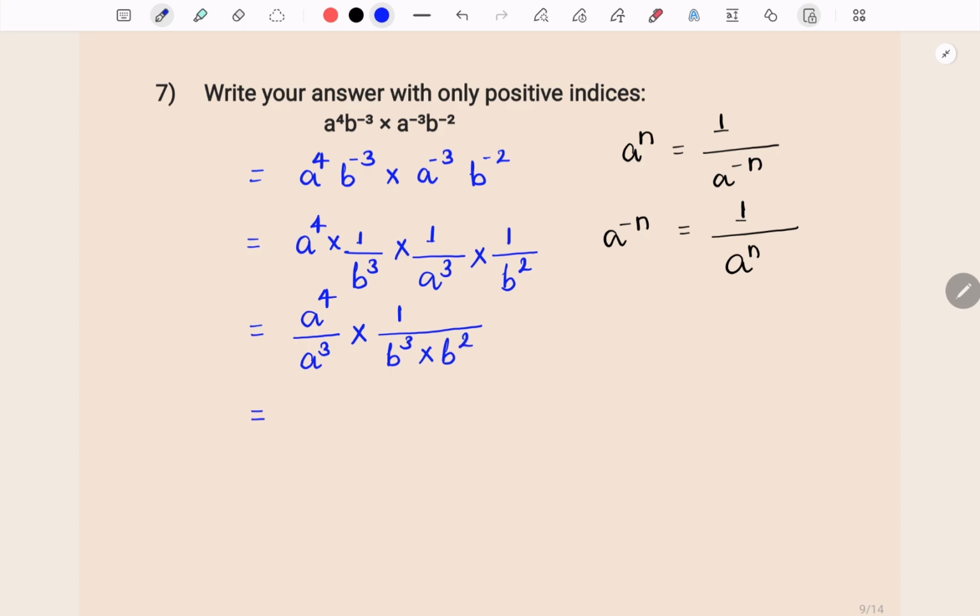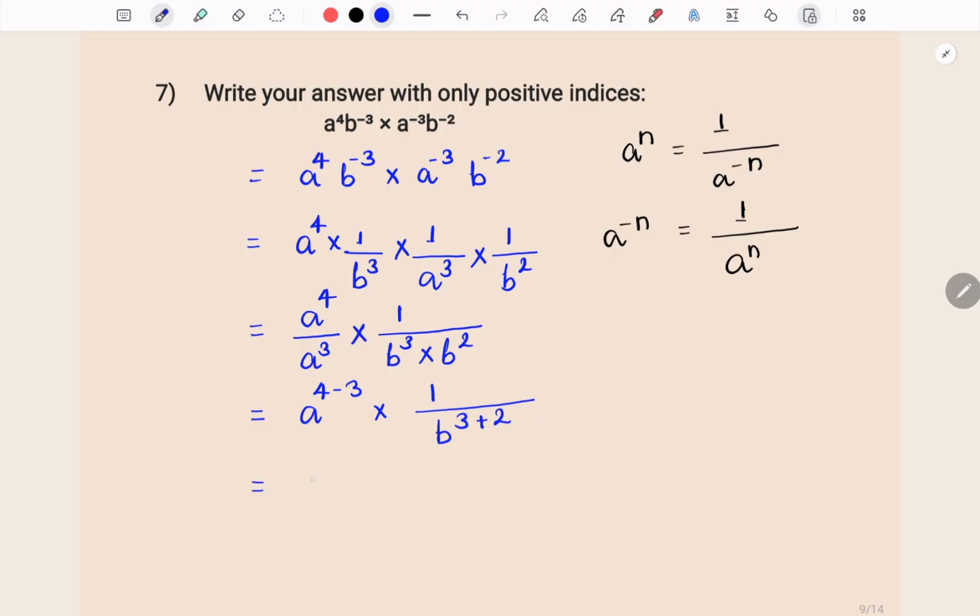Now look carefully. We have a raised to the power 4 over a cubed. So this is an operation of division. I have the base as a, so I will keep the base a and then I will subtract the powers. And here I have 1 over b cubed multiplied by b squared. Again I have the same base b, and since we are multiplying, I will add the indices.